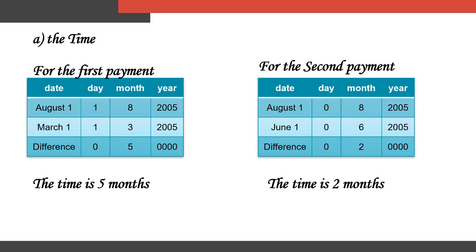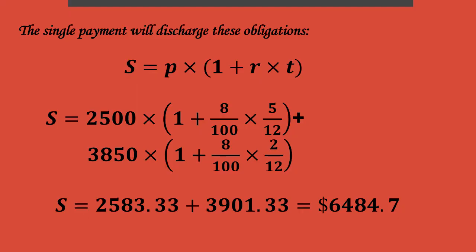We will start by calculating the time. For the first payment, we have 5 months. For the second payment, we have 2 months. So the single payment will discharge these obligations.